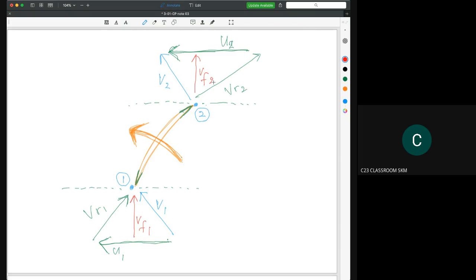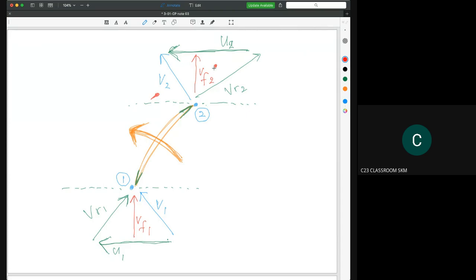It's okay. And then why is the actual velocity, which is the V2 here, not the same as the theoretical velocity? It's not the same because we have resistance, we have friction, we have turbulence occurring. That's why the theoretical direction is not the same as the real direction.